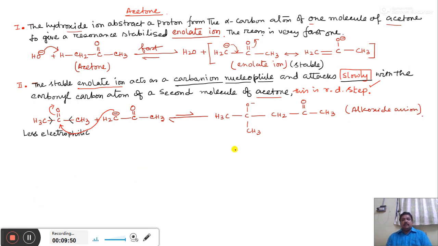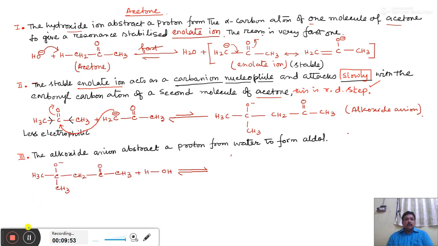In third step, the alkoxide anion abstracts a proton from water to form aldol. Now the structure of the alkoxide ion is that, and this O minus attacks the H of the water and releases the hydroxyl anion to form the desired aldol.